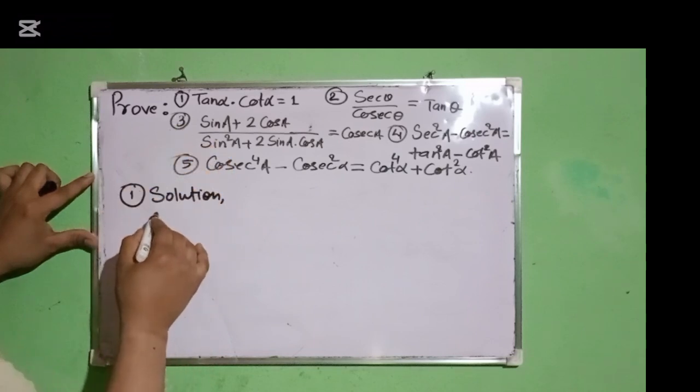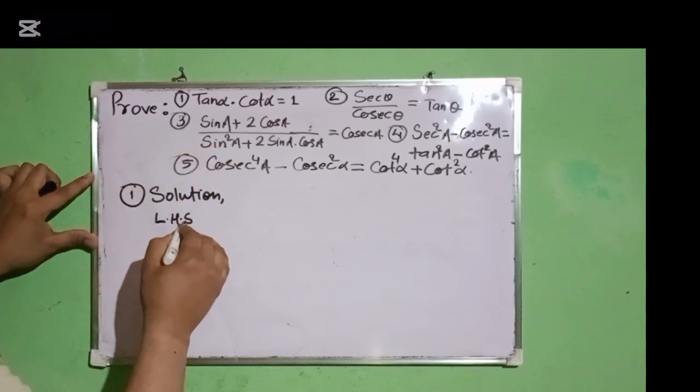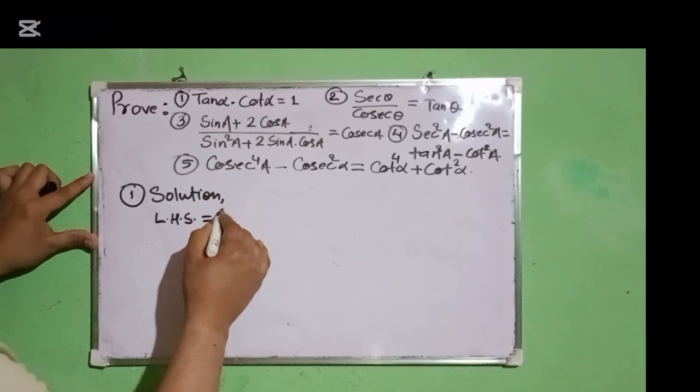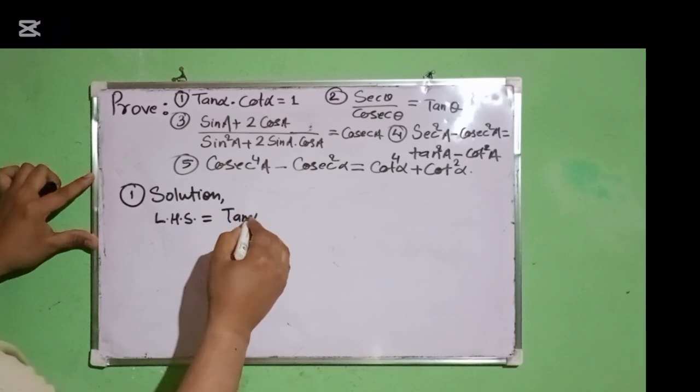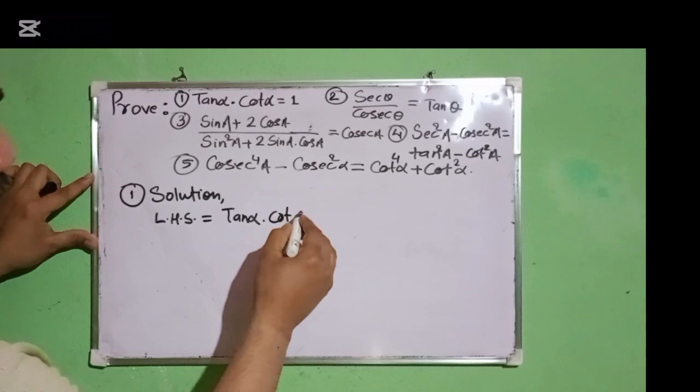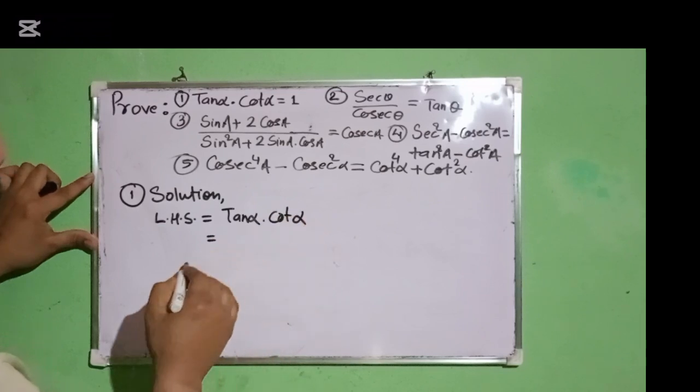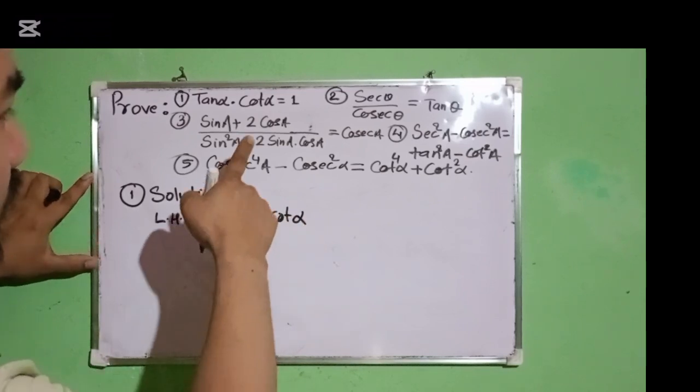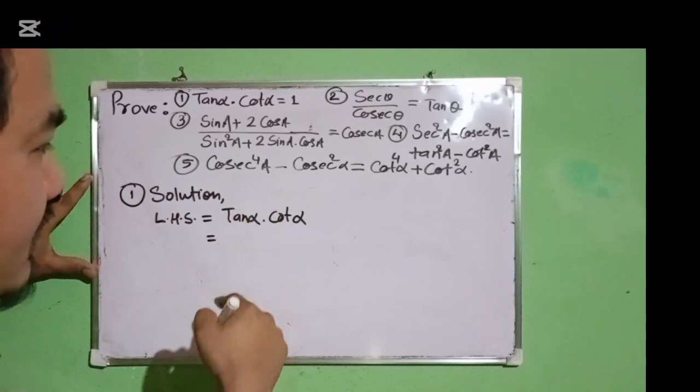First of all, we have to write the left hand side. The left hand side is given there: tan alpha, this is the symbol of alpha, into cot alpha. We have to bring 1 here, that means we have to cancel this.